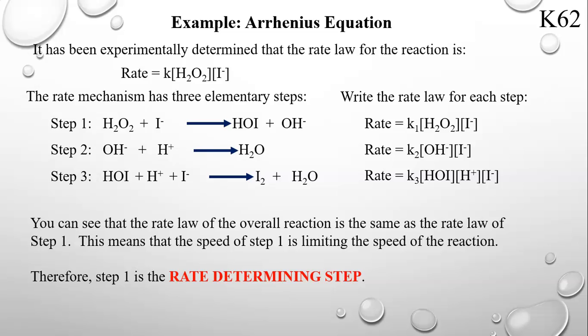Well, you can see that the rate law of the overall reaction is the same as the rate law of step 1. This means that the speed of step 1 is limiting the speed of the reaction. Therefore, step 1 is called the rate determining step. So see, the rate law for step 1 is the same as the overall reaction.